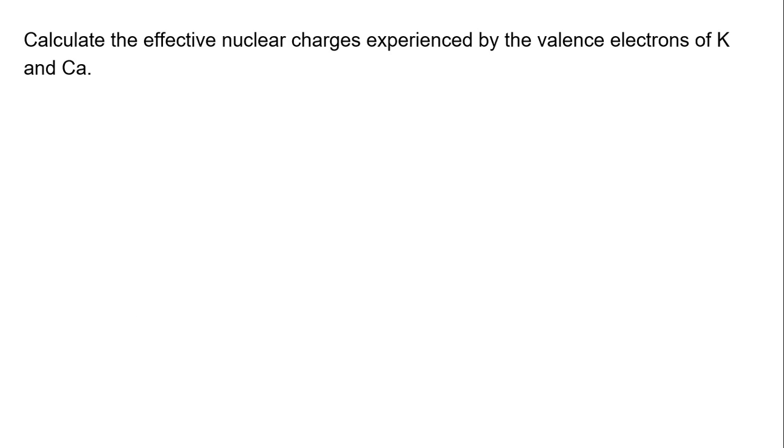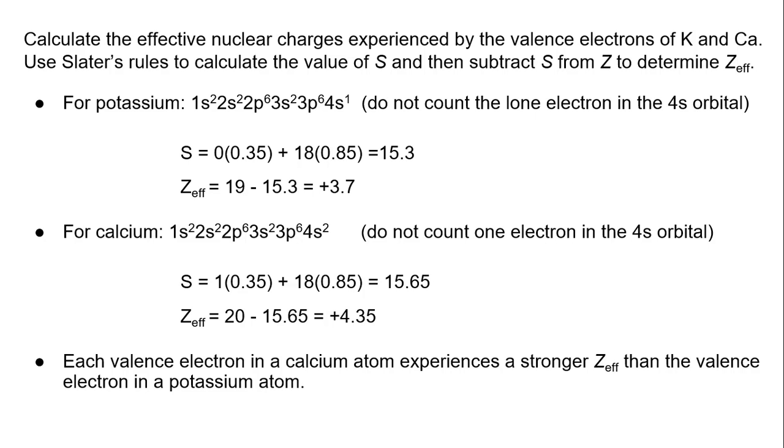Okay, so calculate the effective nuclear charges experienced by valence electrons of potassium and calcium. Now these are under Slater's rules, and if you were given this, it will definitely state it's Slater's rules. If it doesn't, then it will default to the way that Dr. Christensen has shown it. Okay, so use Slater's rules to calculate the value of shielding and then subtract and handle this problem.